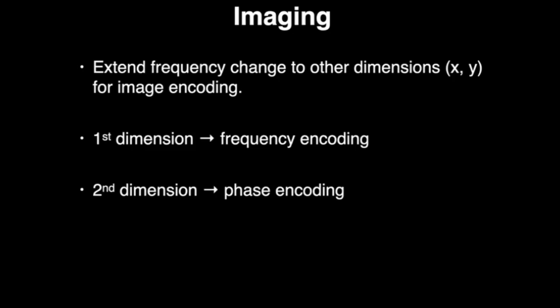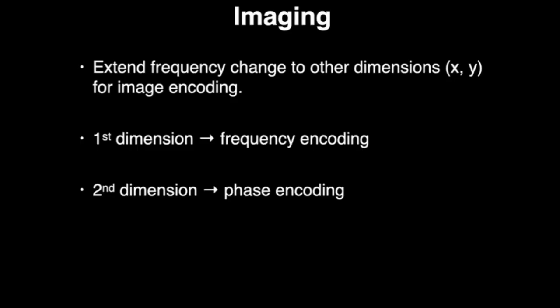It turns out that we can apply this concept of spatially varying our frequencies more generally, and now we're getting into what we call frequency encoding and phase encoding. This applies the spatial variation in field to vary the frequencies of our species and uses that to encode spatial information.